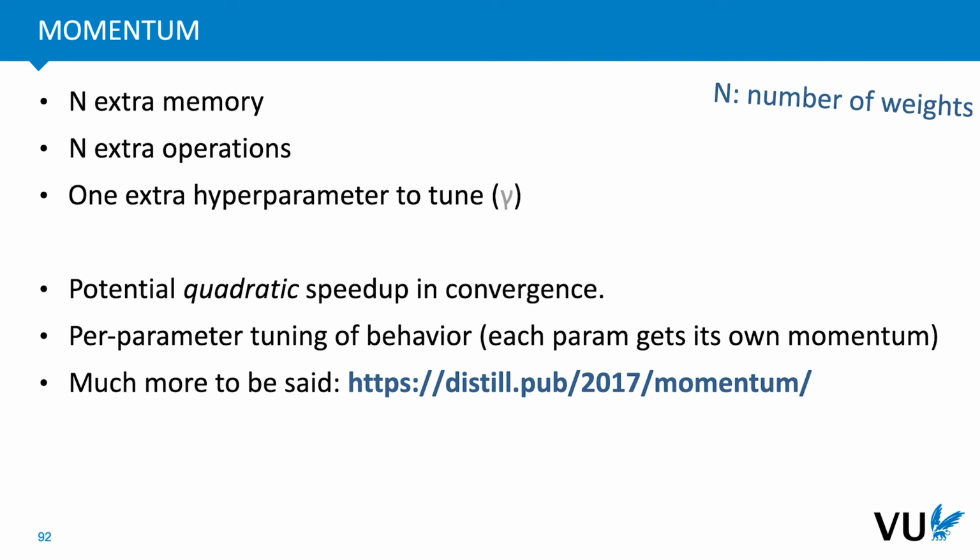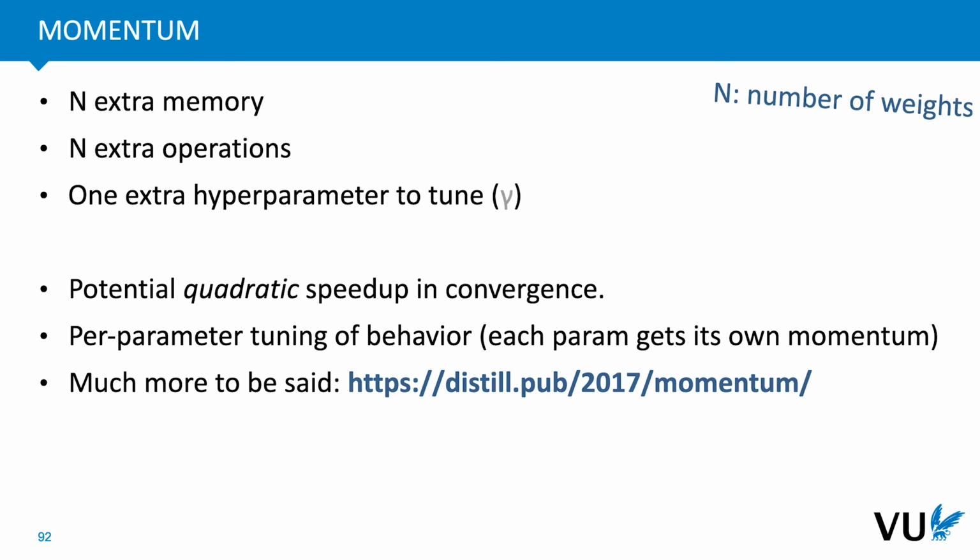So what do we pay for this benefit of momentum? If we have n weights, then we need n times more memory, because we have this extra value m that we need to keep in memory, which is exactly the same size as the weight vector. We need n extra operations, because we have one more summing operation, and we have one extra hyperparameter to tune, which is gamma.